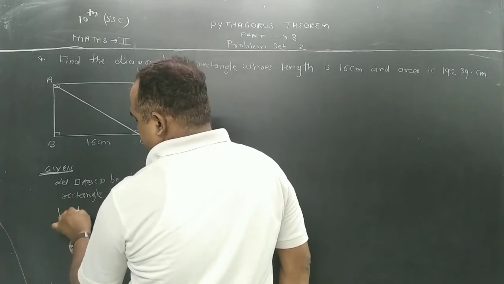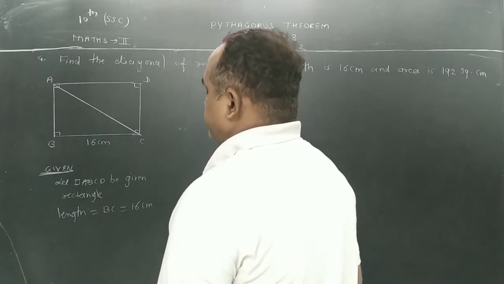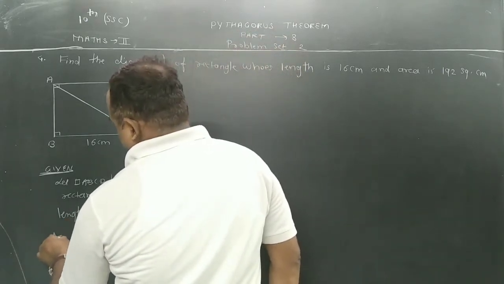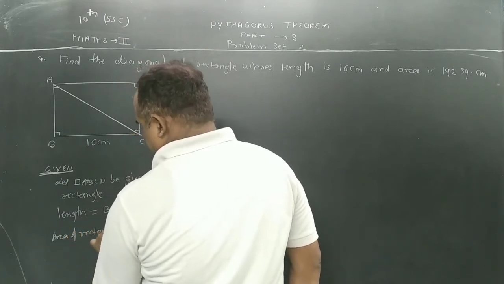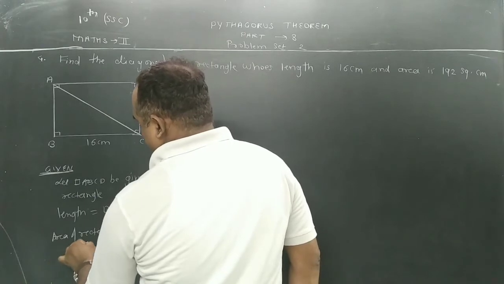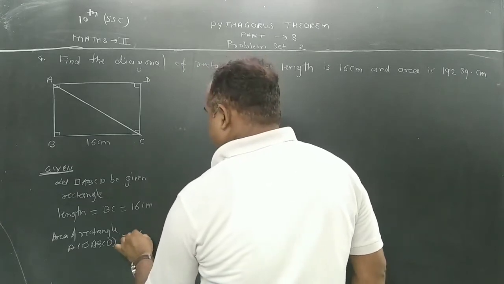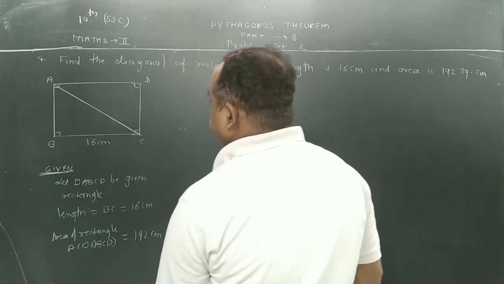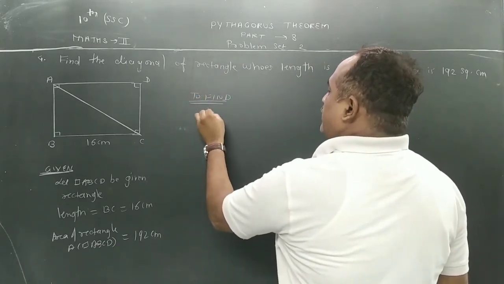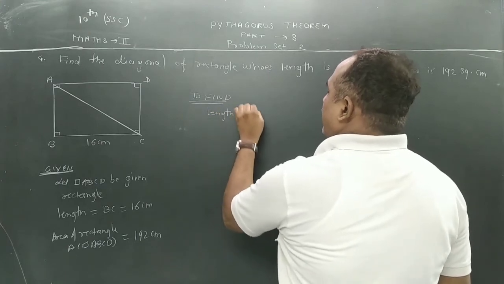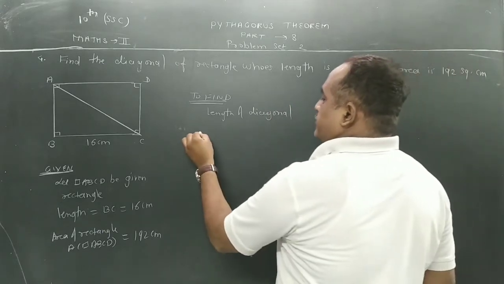Length, here it will be BC is equal to 16 centimeter, and area of rectangle, that is area of quadrilateral ABCD is equal to 192 square centimeter. And what are they asked to find? They are asked to find length of diagonal. So, solution.